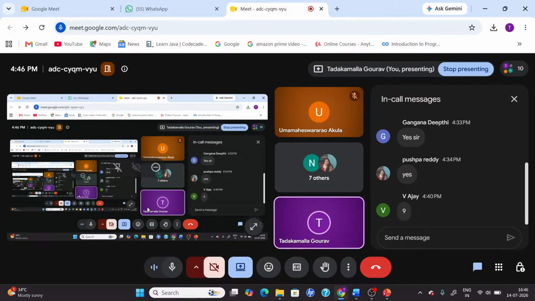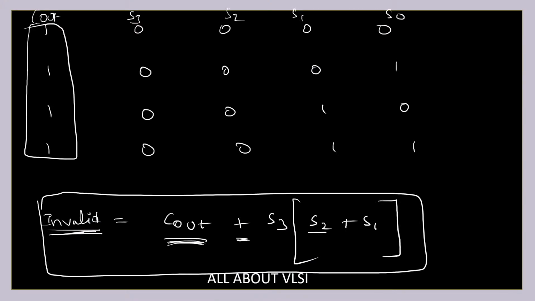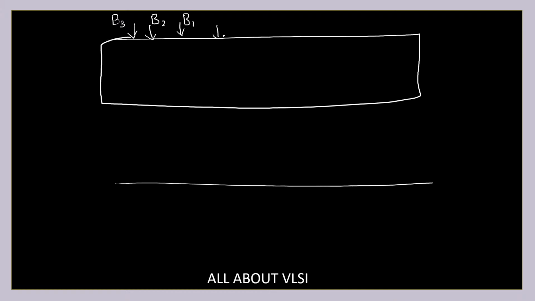Okay, fine. Now, coming to the circuit, let's have a look at how the circuit is going to look. I'm going to have a ripple carry adder, a 4-bit adder. This 4-bit adder is going to consider your inputs B3, B2, B1 and B0, and A3, A2, A1 and A0, and the initial carry.